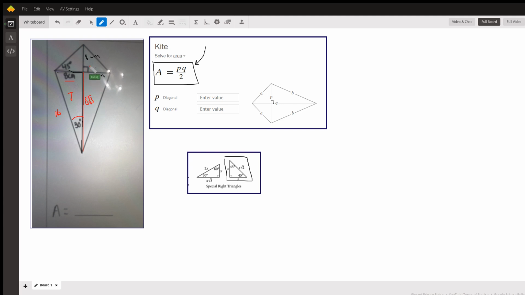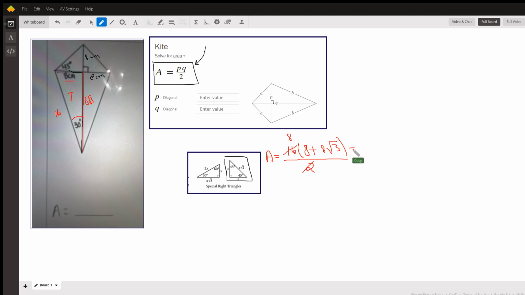So the length of the long diagonal is 8 plus 8 radical 3. And the other diagonal is 16, 8 plus 8. And to find the area, we need to divide that product by 2. P times Q over 2. So this cancels.